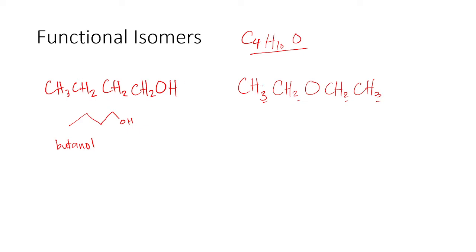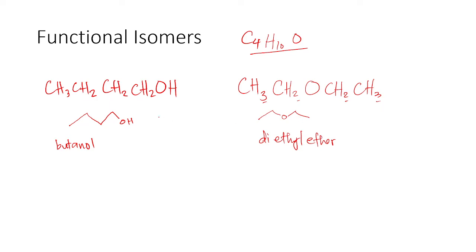So these two have the same chemical formula, C4H10O. But in this case, we have an ether because of the oxygen that is bonded to a carbon and another carbon. To be specific, we have diethyl ether, which would look like this: CH3, CH2, then our oxygen, then CH2, then CH3.